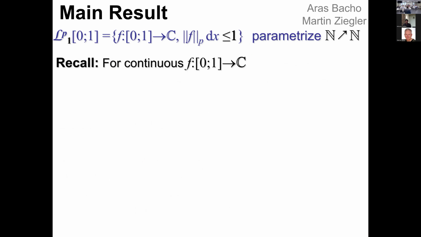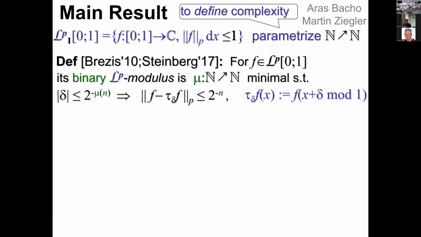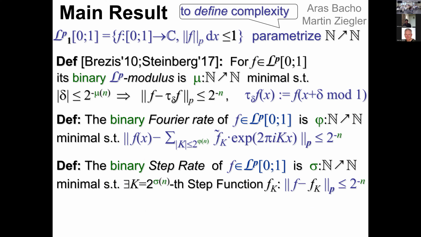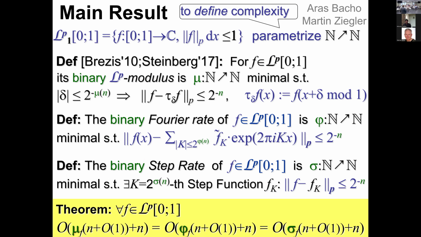Now we have three parameterizations, second order parameterizations, not in terms of integers, not in terms of integer pairs, but in terms of integer functions. The first one being the Lp modulus, the second one the rate of convergence of Fourier series, the third the rate of convergence of these step functions, and our theorem says that all three are linearly related.